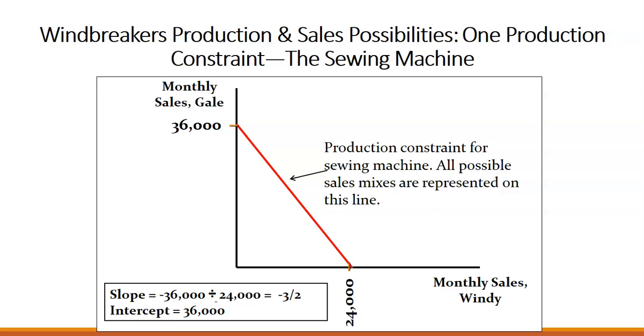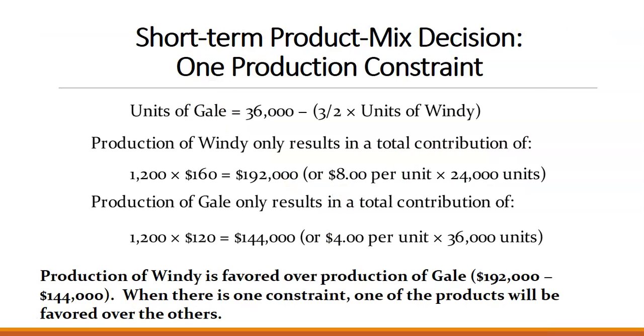So when we look at this example with the production constraint for the sewing machine, all possible sales mix are represented on this line. So our slope is 36,000 divided by 24,000, or 3/2. So for units of Gale and units of Windy.